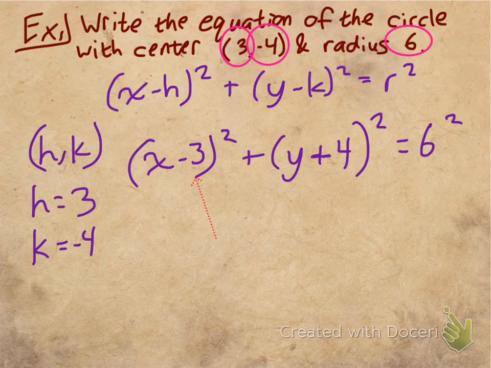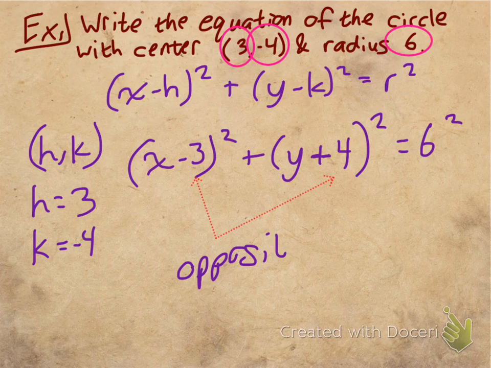My center is at (3, -4), and in my equation I see -3 and +4. It was 3 as my center, I see -3 with the x. It was -4 in my center, I see +4 with the y. So it's just the opposite.